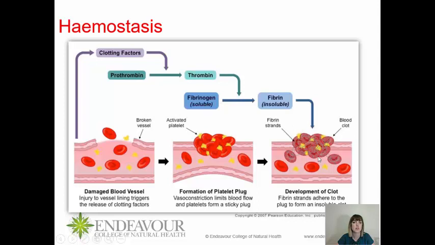So you get an overall development of a clot that is insoluble and blocks the leaking of blood out of the blood vessel. So you can see this clot here is mostly in the vessel wall. If the vessel wall has not been completely broken, but instead it's an atherosclerotic plaque that's fissured, most of this blood clot is going to be in the blood vessel itself and can become large enough to occlude that blood vessel.